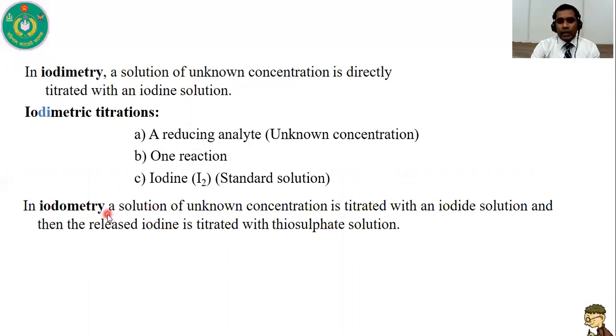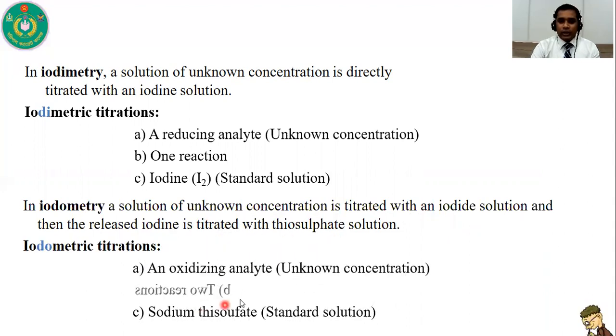And in iodometric titration, the unknown concentration solution is treated with iodide solution, and the released iodine is then titrated with thiosulfate solution. So this is a two-step reaction. To find out the concentration of the unknown solution, at first this solution is treated with iodide, then the released iodine is treated with thiosulfate.